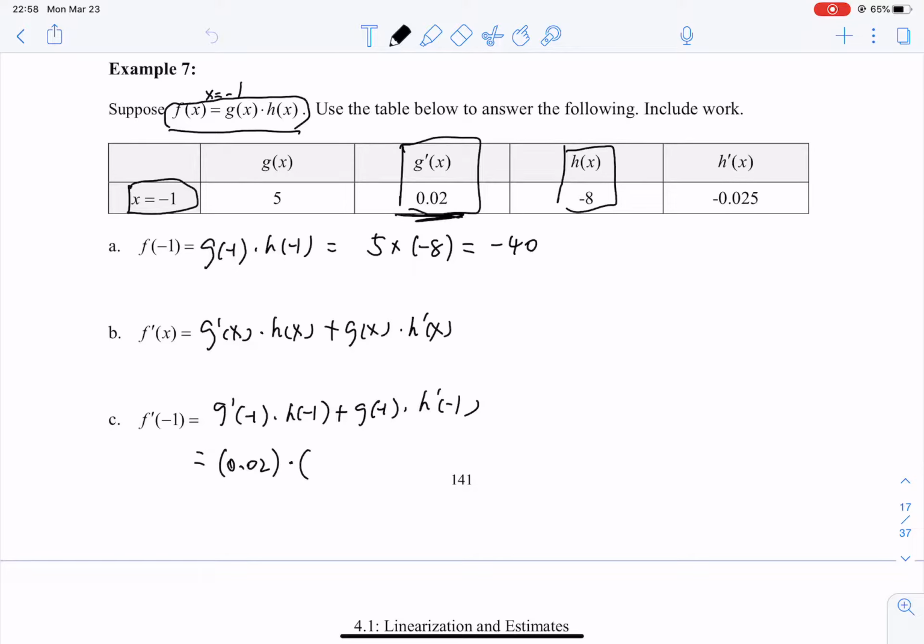And the second term, h of minus 1, is right here, minus 8. Plus g of minus 1. G of minus 1 is this one, 5. Multiplied by h prime of minus 1. That is right here, so this is minus 0.025. And the result is just 0.285. Alright, that's all for this section. Thanks.